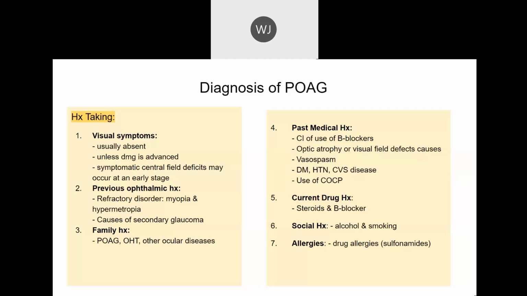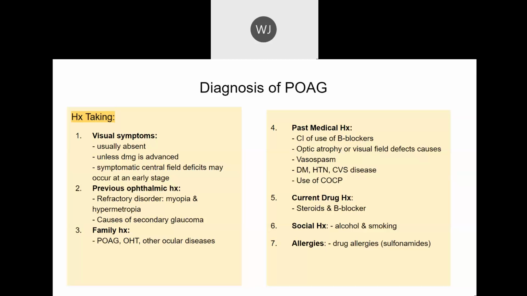For past medical history, you need to ask the conditions which contraindicate the use of beta blockers, because, as we know, there are four kinds of main drugs used in glaucoma. Beta blocker, because beta stimulation is associated with increased secretion of the aqueous, and alpha is associated with inhibition of secretion of aqueous.